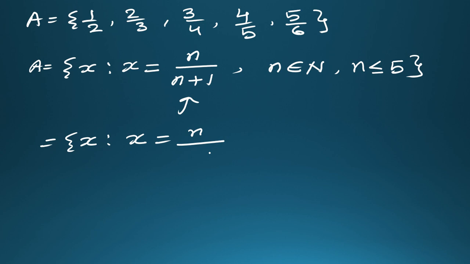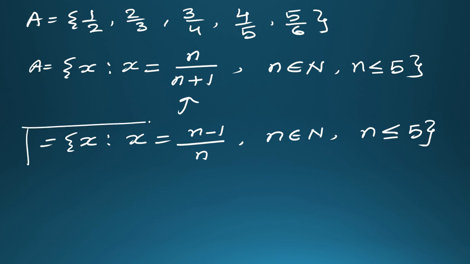The student first wrote n down and then n minus 1 up. They say that the numerator is 1 less than the denominator, so the denominator I have taken n, so the numerator will be n minus 1, where n is a natural number and n is less than or equal to 5. Will it be the correct answer, my dear students?